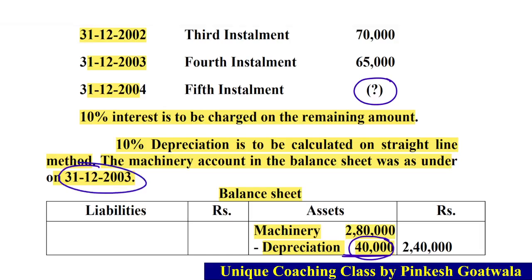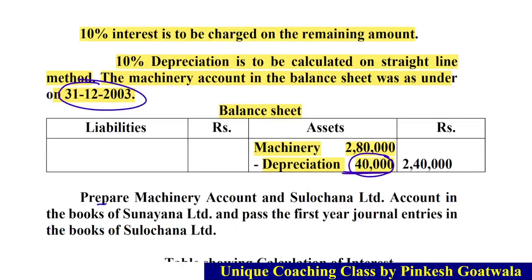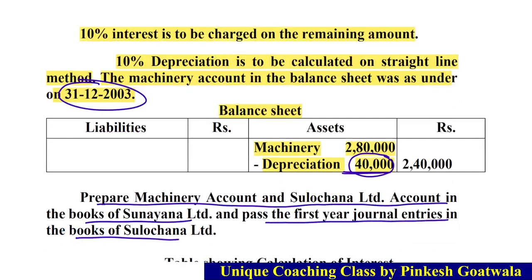Remember, if in any question they give amount of depre, in that question cash price will never be given, right? With the help of depre, cash price has to be found out. Okay, here question completed. Prepare machinery account and Sulochna Limited account in the books of Sunaina and pass first year journal entries in the books of Sulochna Limited. Okay, journal is asked in the seller's books, and in the buyer's books the asset and the seller's account.